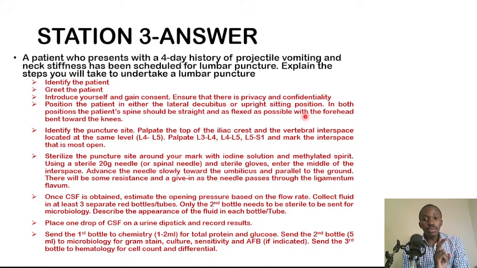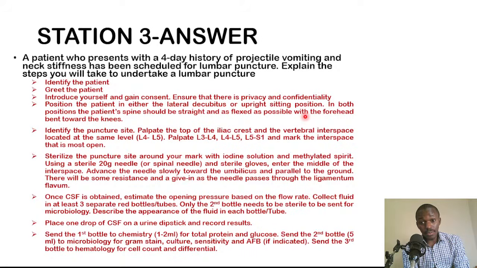Two of them should be sterile because they're going to be sent to microbiology. Another one is going to be sent to biochemistry. From one of the CSF samples, you drop some on your dipstick to check if there are any white blood cells.